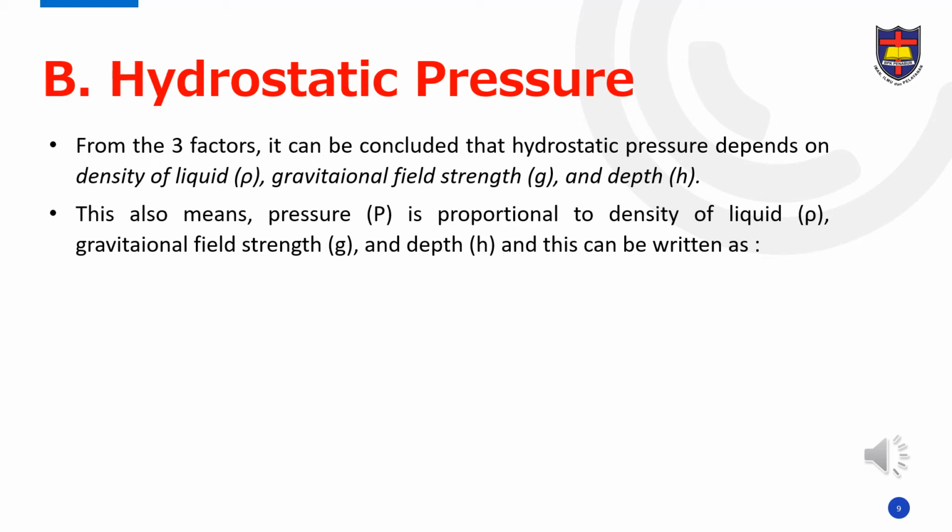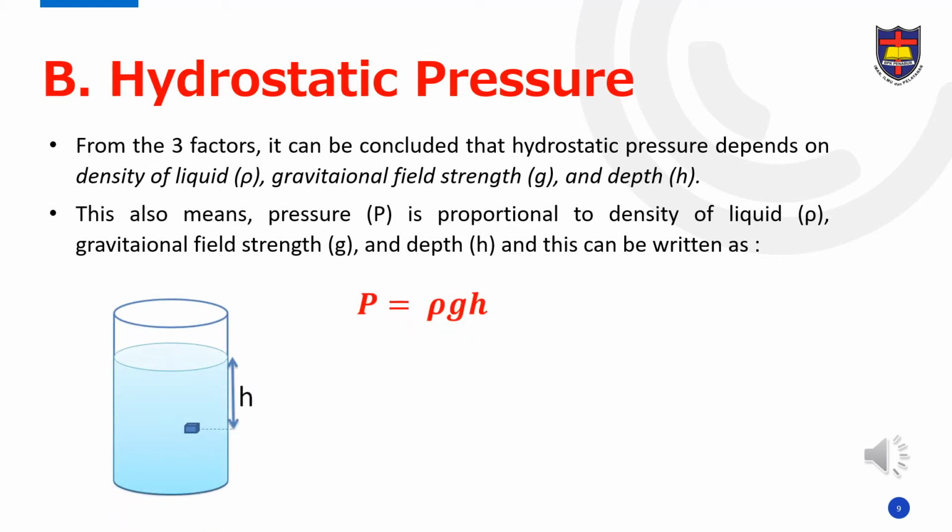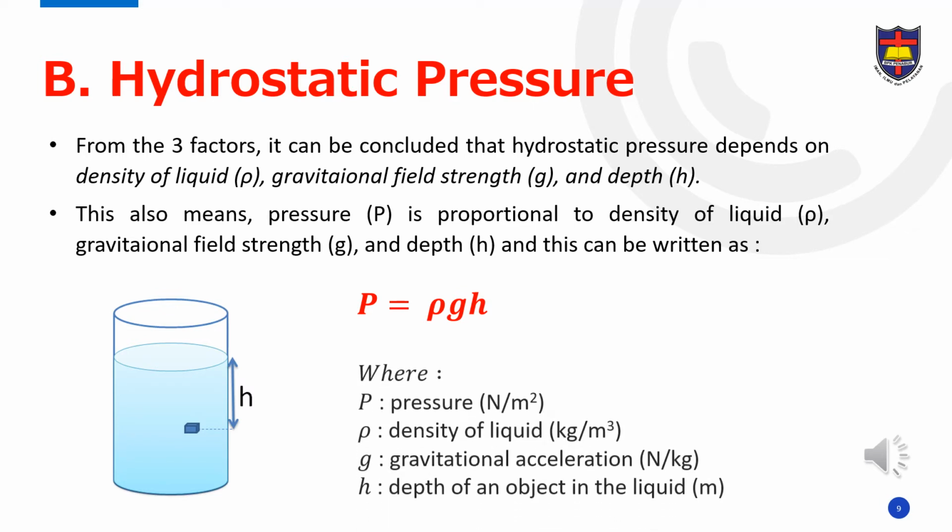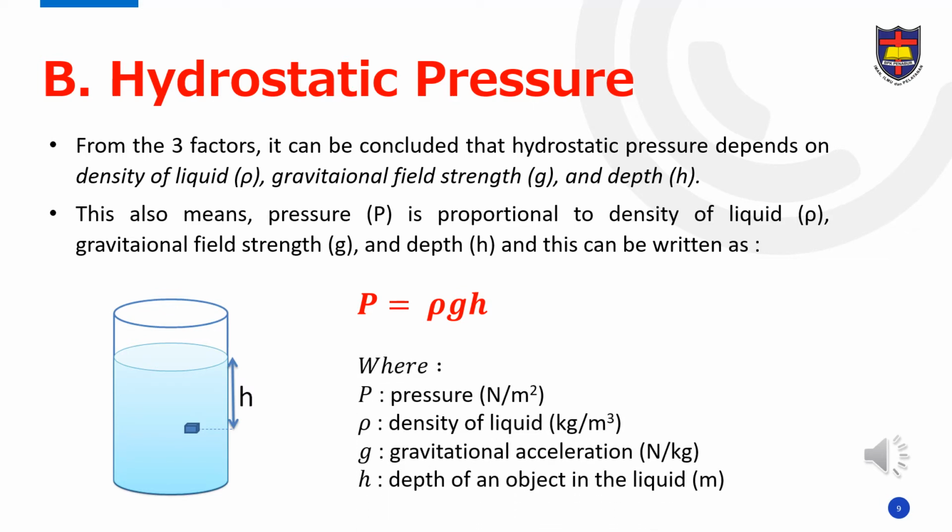And this can be written as P equals rho g h, where P is pressure, the unit is Newton per meter square or Pascal; rho is the density of liquid, the unit is kilogram per meter cube; g is gravitational acceleration, the unit is Newton per kilogram or meter per second square; h is the depth of object in a liquid, the unit is meter.